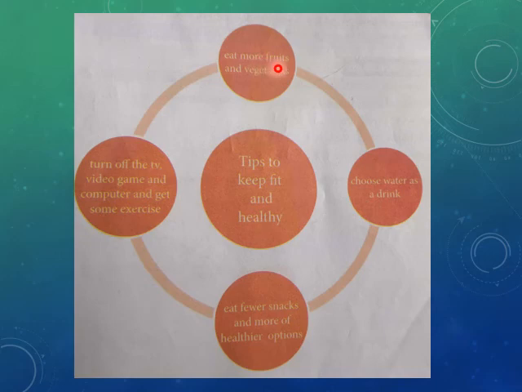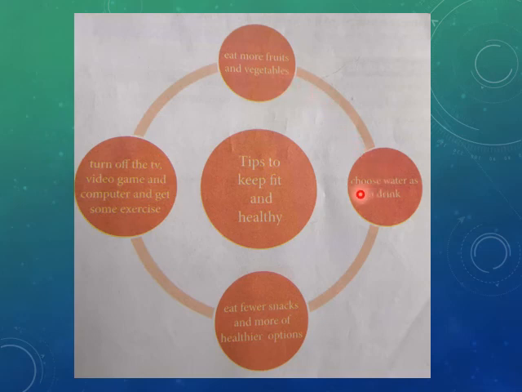Eat more fruits and vegetables. Fruits and vegetables are fiber-rich food, and fiber-rich food helps to remove the waste from our body. So we have to eat more and more fruits and vegetables.